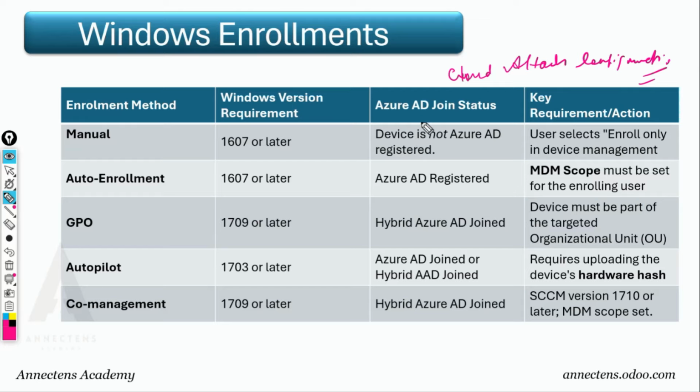When you're setting up co-management, you require a cloud attached configuration. That configuration is only required to set up this connection in between. So there is no connector that is required to be installed, but it's an integrated process. Co-management itself, when you're setting up your cloud attached configuration, works as a connector, and this feature is especially to integrate both SCCM and Intune simultaneously. There is no physical connector required.